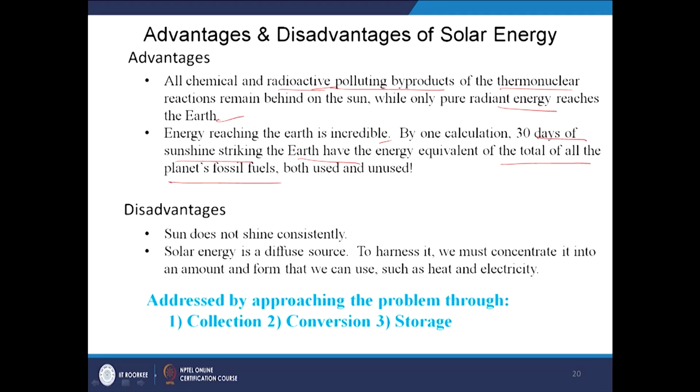Solar energy is a diffuse source, so to harness it we must concentrate it, and from that we can use it as heat and electricity. We have to convert the solar energy into some form of electricity and then store it, and only then will this technology be very interesting and greatly successful.